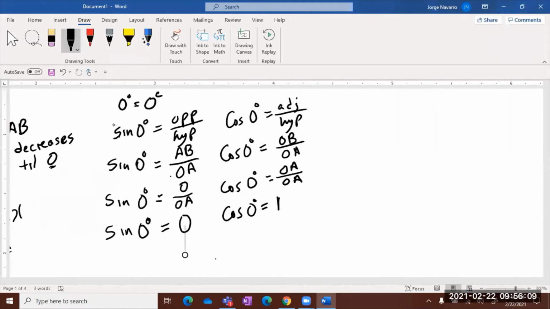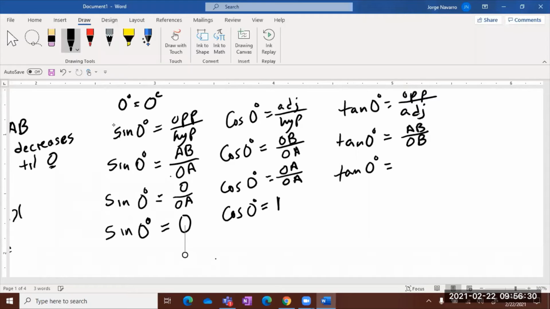Okay? Then, of course, I go to tangent. Tangent of 0 is opposite over adjacent. So the tan of 0 is AB, which is the opposite, over OB, which is the adjacent. So tangent of 0, all right, AB becomes 0.